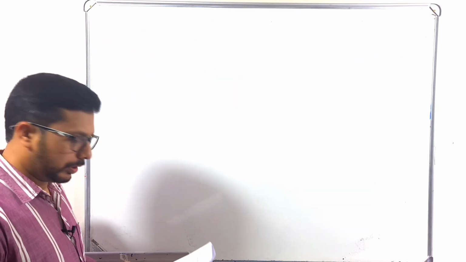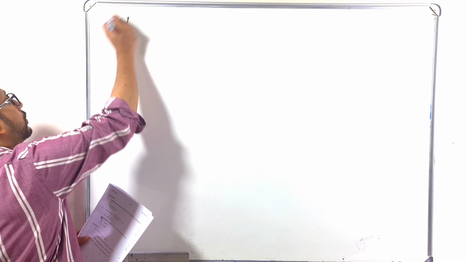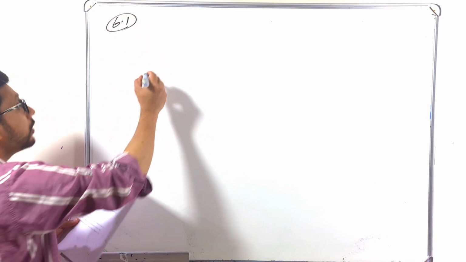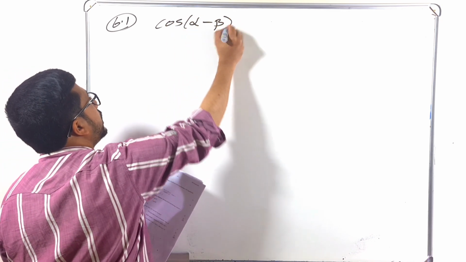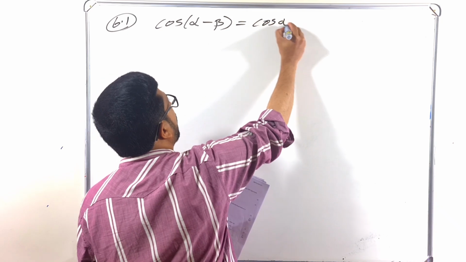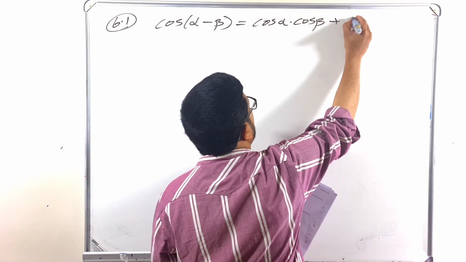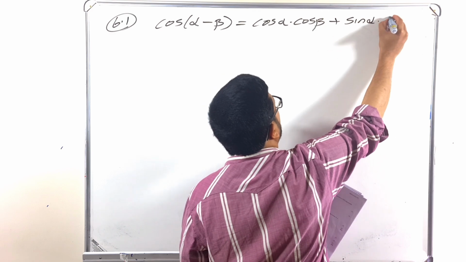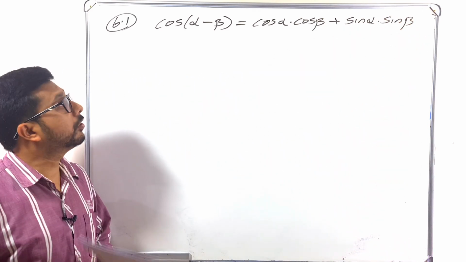Let's do the next question, question number 6, 6.1. Given cos of alpha minus beta is equal to cos alpha cos beta plus sin alpha sin beta. It is given like this, or we know that formula.